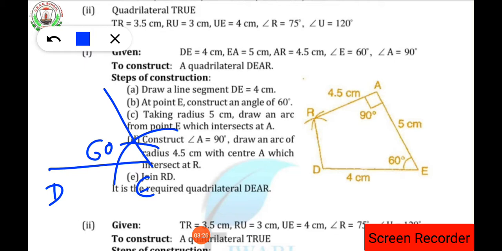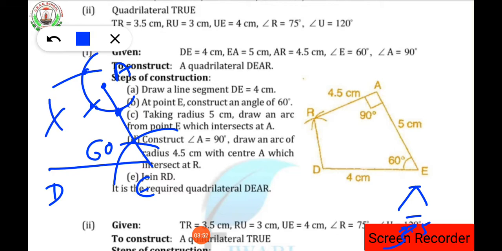For that, take any radius on the mouth of your rounder, suppose 2.5 centimeter or 3.5 centimeter or 3 centimeter. Keep the needle at point A and draw one arc. With the same radius, keep the needle here and draw one arc, and with the same radius draw another arc, keeping the needle here, so that you get one more arc.